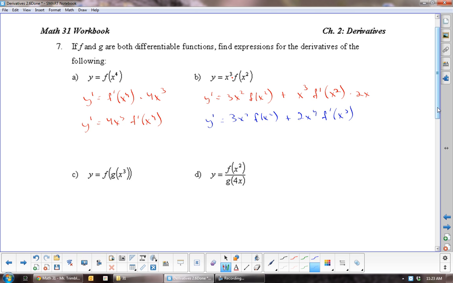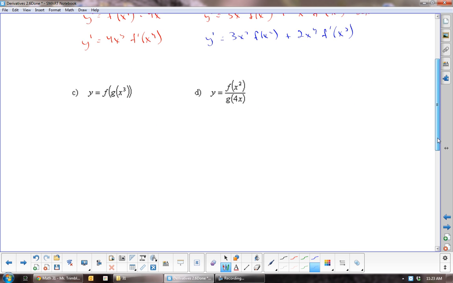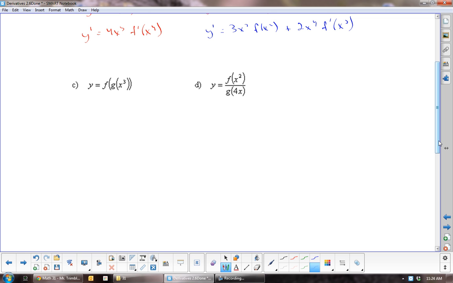Okay. Now C is the one I was talking about. You've got a function inside of a function inside of a function. All you have to do is keep things straight and keep working from the outside in until you're done. So y prime would equal f prime of g of x cubed.